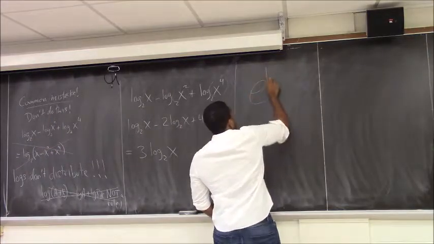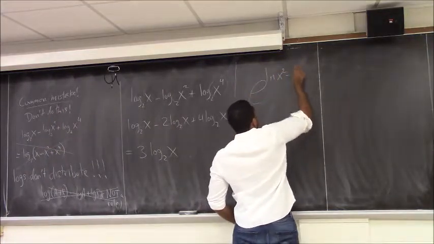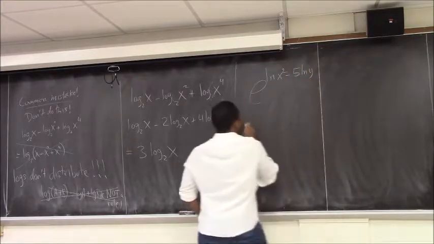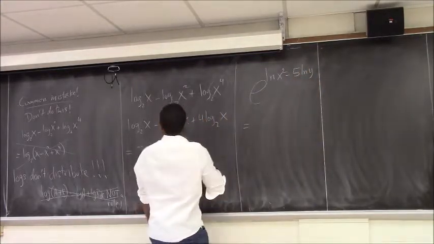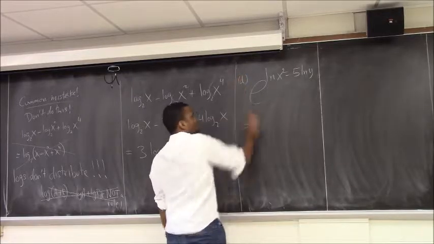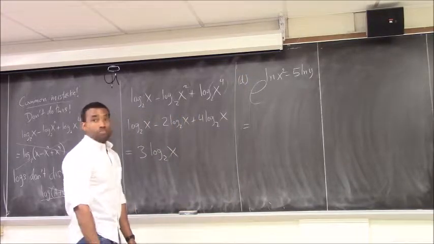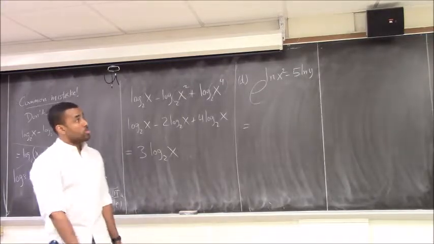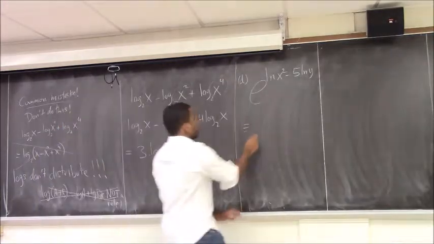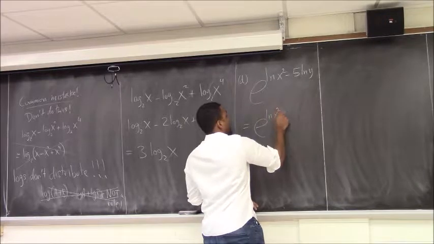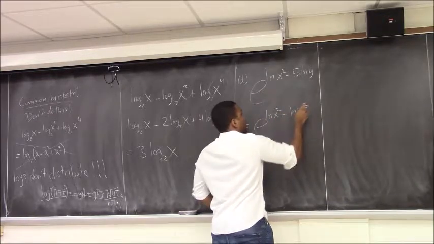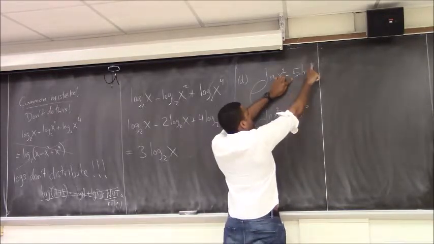Simplify: e to the ln of x squared minus 5 ln of y. I think that was D or something. Yeah? So it's going to be e to the ln x squared minus ln y to the fifth. Okay, so you apply that rule where you can take this and bring it up as a power.